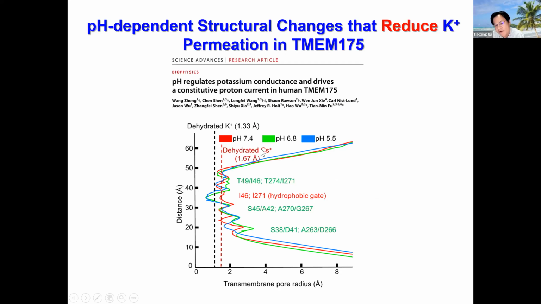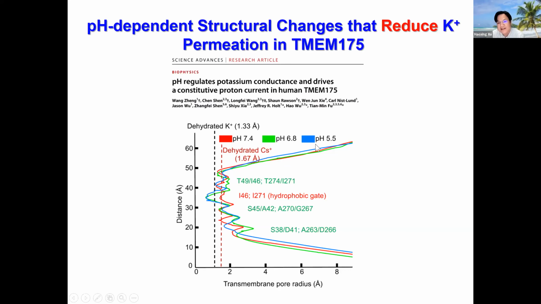The T175 current is inhibited by low pH and it's proton permeable. So we were partially scooped, but in their study, they also saw the structures at both neutral pH and low pH, and found that in the structure at low pH, the channel pore is narrowed, so that the dehydrated potassium cannot pass anymore, right?